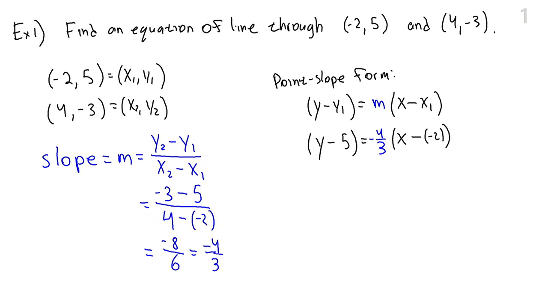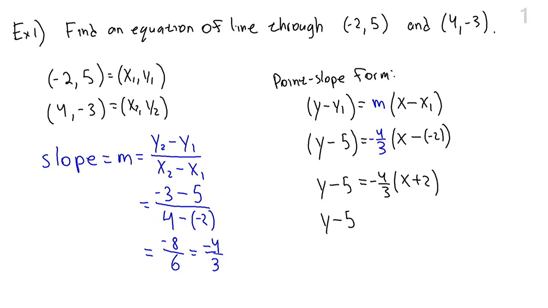If we wanted to simplify it and put it in slope-intercept form, I'm going to have to do some more simplifications. So y minus 5 equals -4/3 times x plus 2.